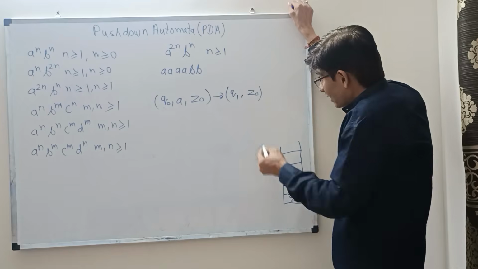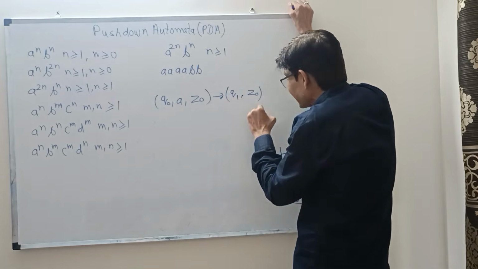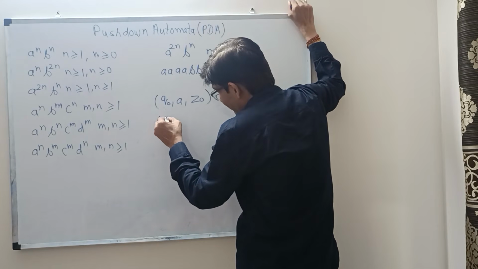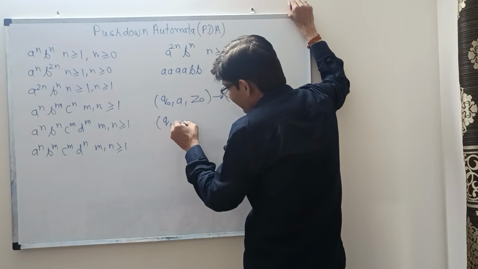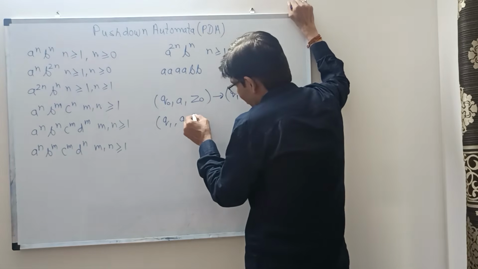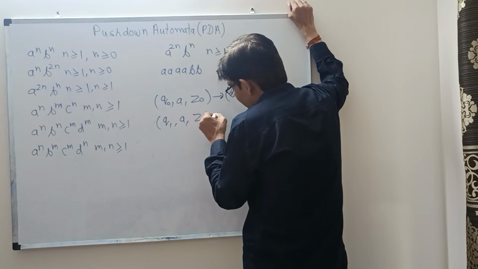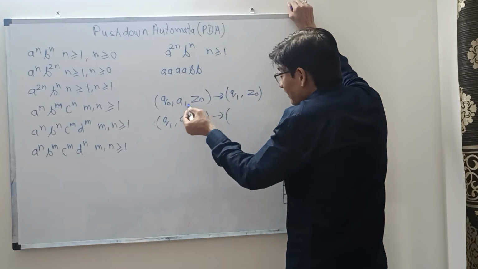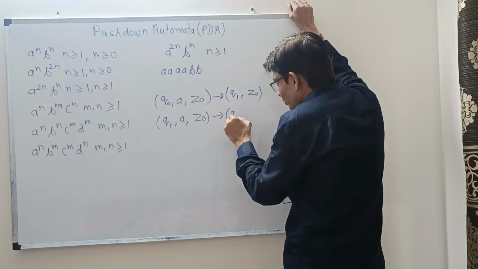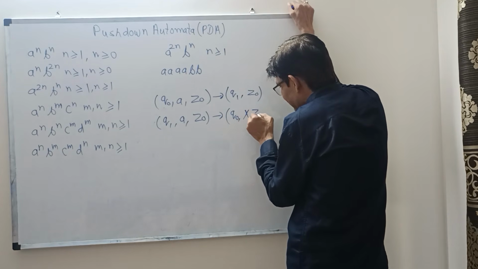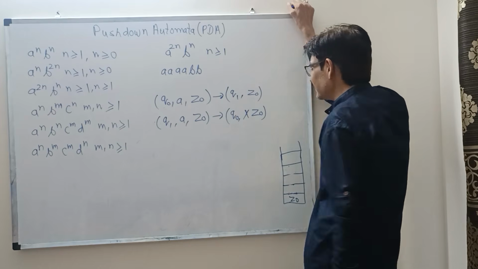Now, on Q1, we will be reading the second A of each pair. So when we are in Q1, we will be reading A with Z0 still on the top of the stack. This time I can switch back to Q0 and push one X into the stack like this.